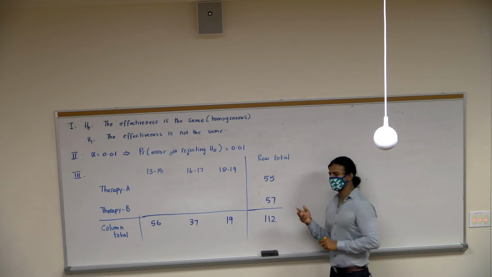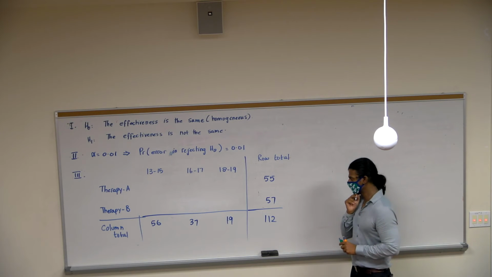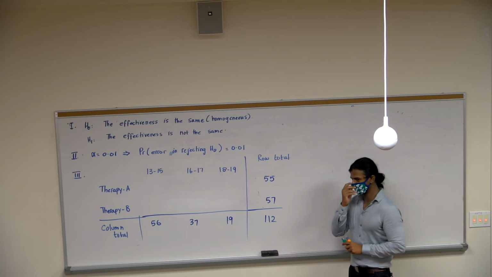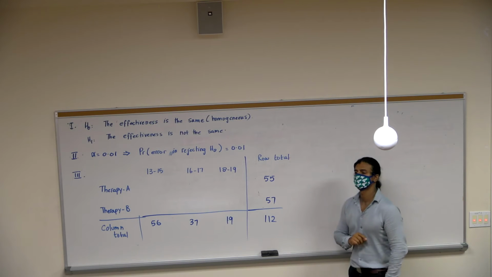We want to find the table of expected frequency, so how do we find the expected frequency for each cell?